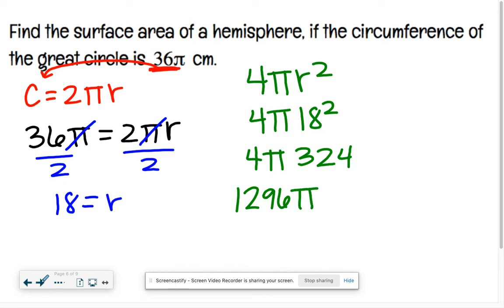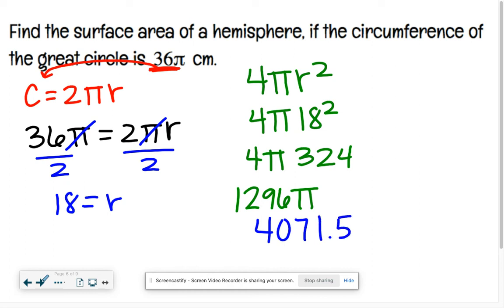Now I'm wondering if my pi is wrong, so give me a second here. I just want to make sure I did something right. So 1296 times pi. Yep, because I didn't do it right in my notes. That's okay. So multiply by pi, folks. You get 4,071.5.